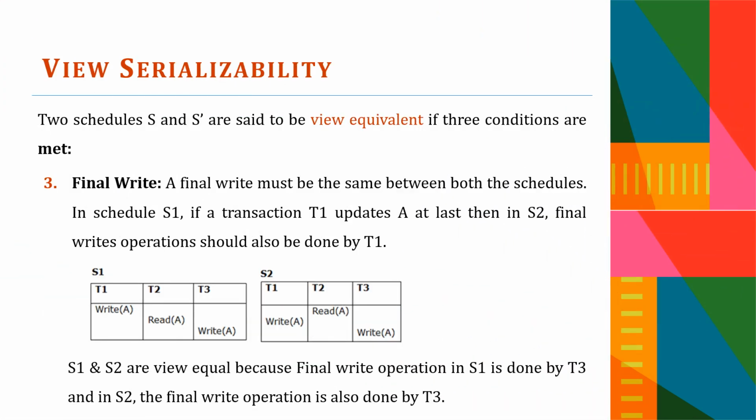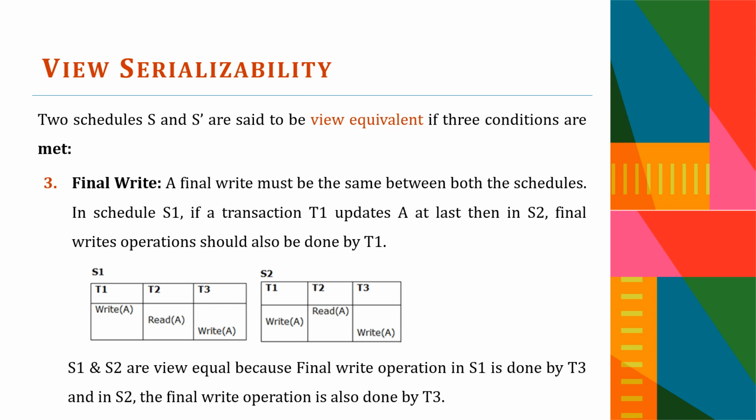And the third condition is final write. The final write must be the same in both schedules. That is, in schedule S1, if a transaction T1 updates A last, then in S2 also the final write operation should be done by T1.